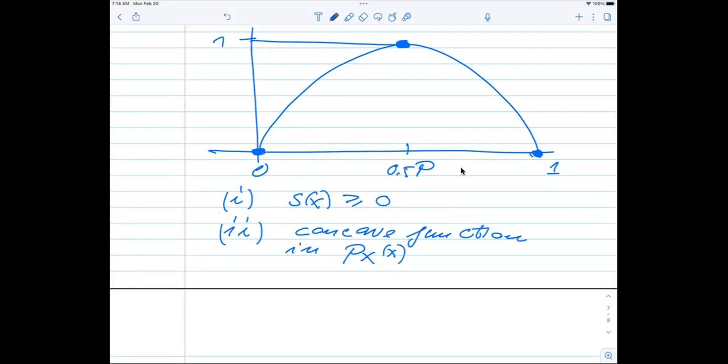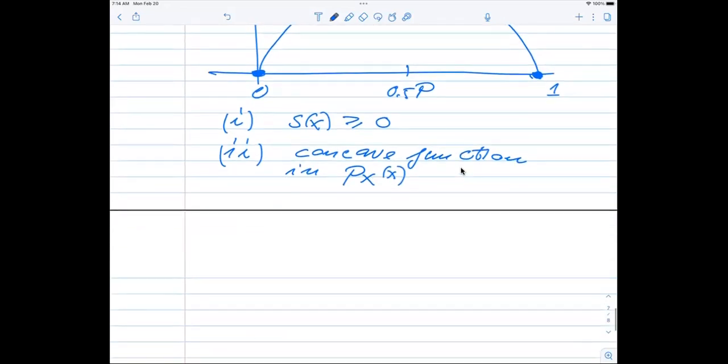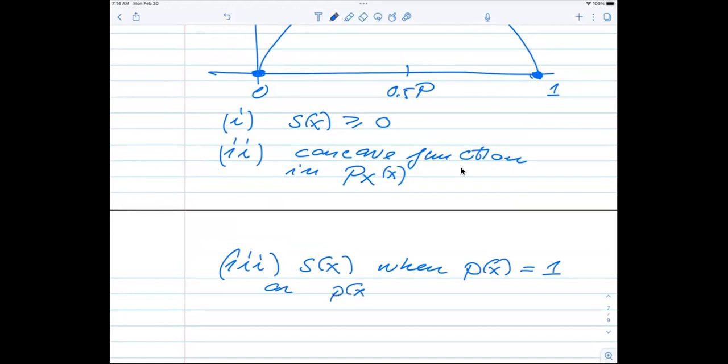The entropy vanishes if x is a deterministic variable. So we have S of x equal to 0 when we can precisely determine which state we are in, when either P of x is equal to 1, or P of x is equal to 0.